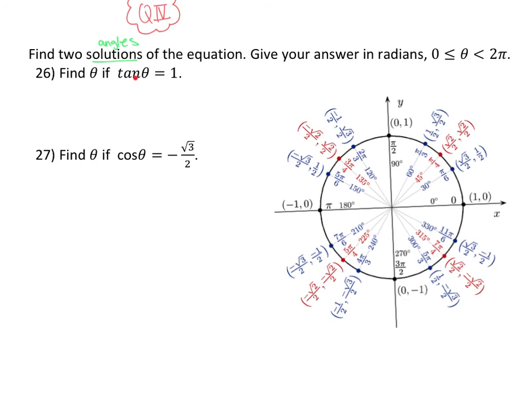So this one says tangent is equal to 1. When we're looking where tangent is equal to 1, we're thinking about tangent being y over x. So when I put y over x, I should get 1. Well, that only happens when the top and the bottom happen to be the same number.